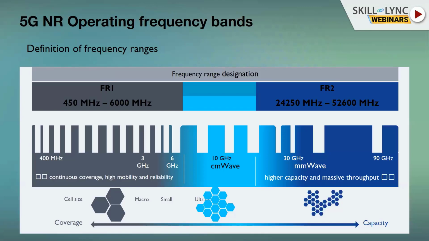The throughput will be very high, more than 20 gigabit per second per user. So as I said, we are at 100 megahertz for FR1 and 400 megahertz for FR2.